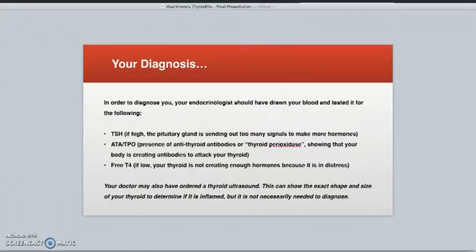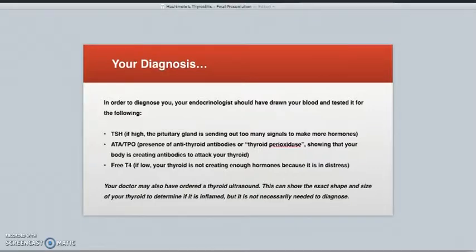So that is, your immune system is now actually creating catered antibodies to break your thyroid down. So any presence of that in your blood is not a good sign. And then just your typical free T4 levels. So that's your hormone levels. Are they normal or typically they'll be very low if you're diagnosed with this disorder.